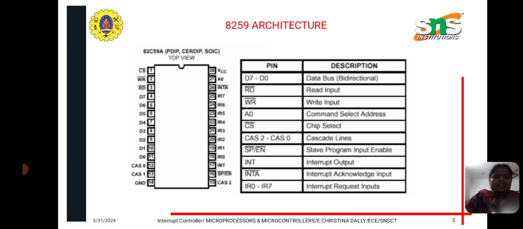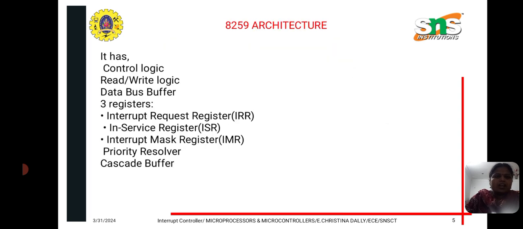The cascade lines are mentioned as CAS0 to CAS2. Apart from that, we have the slave program and input enable, the interrupt output, the interrupt acknowledgement input, and the interrupt request inputs, that is IR 0 to IR 7.